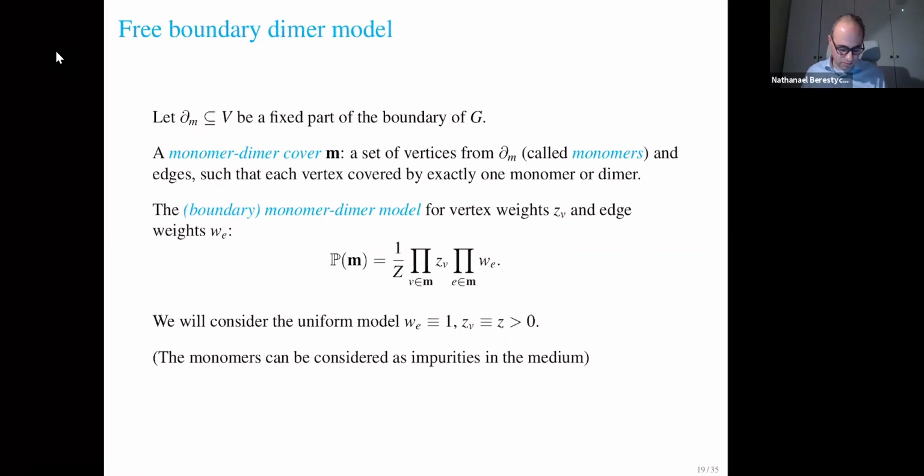I don't want to try and justify the model too much, but you can think of them as impurities in the medium.